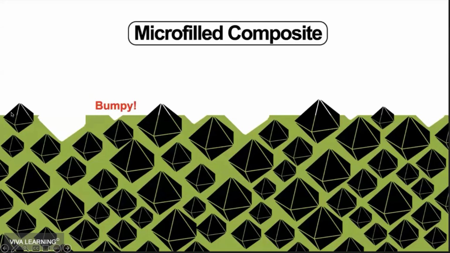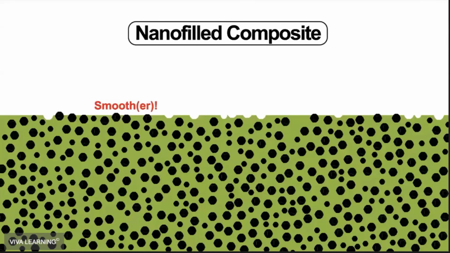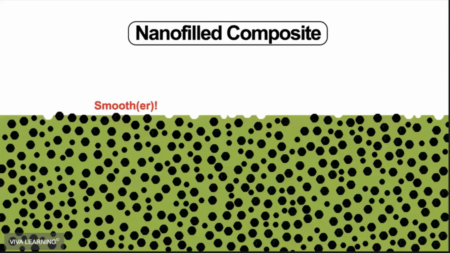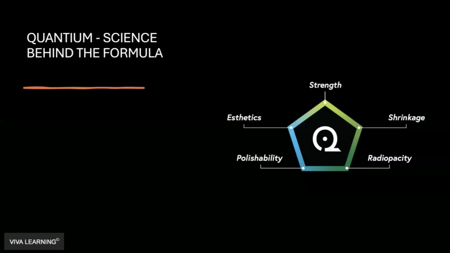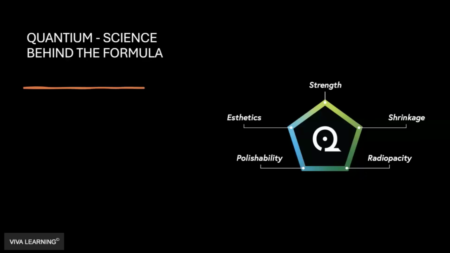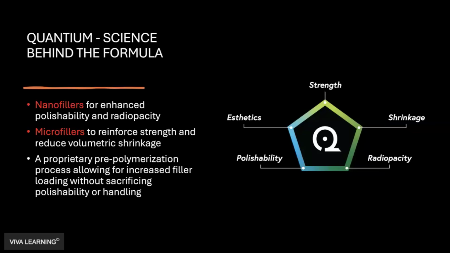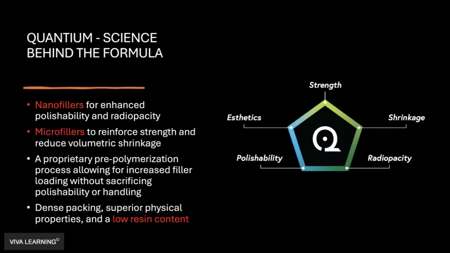If you take a look at that when you put this into the microscope, all these areas right here in a microfill composite, this is what you're gonna have. In a nanofill composite, on the other hand, you're gonna have what we call a smoother surface. If you remember these bumps that you had here, you don't have them on the nanofill composite. So what did they do at Bisco? They got the best of both worlds right there, and they use the nanofillers, they use the microfillers, they use the formula they call the secret sauce, and a low resin content.